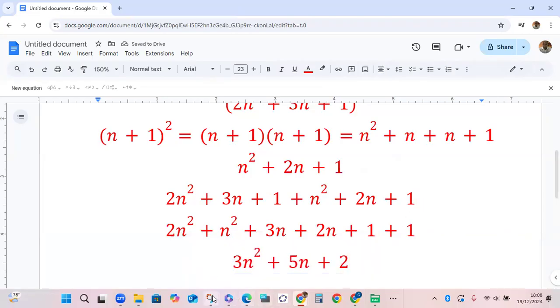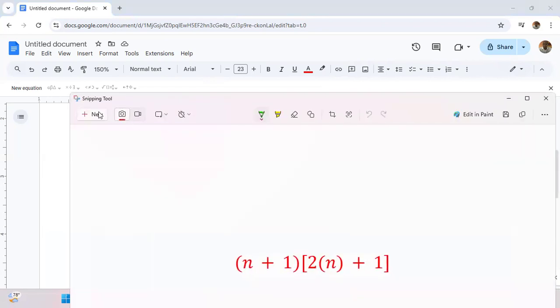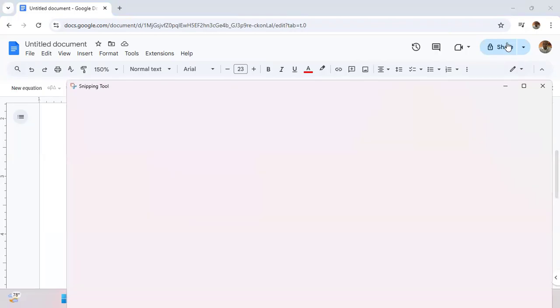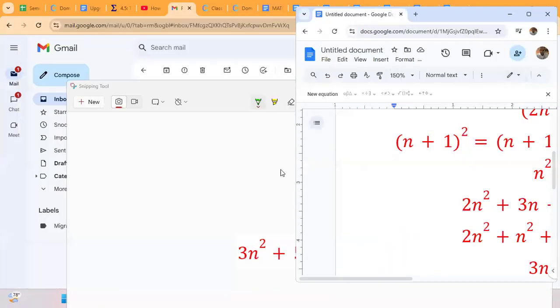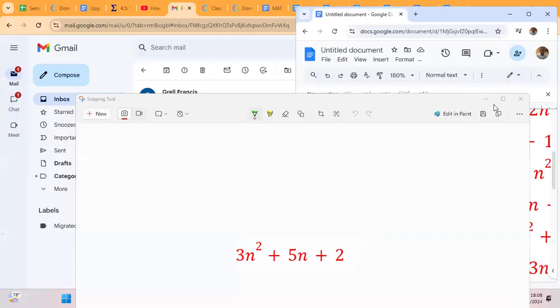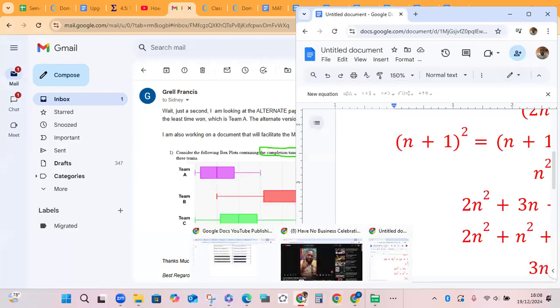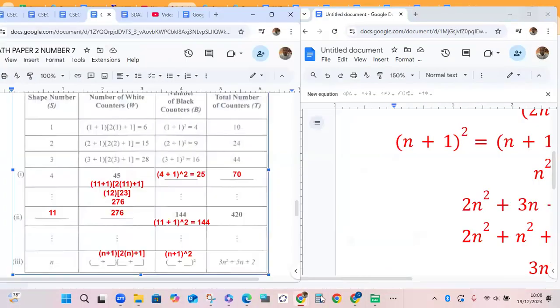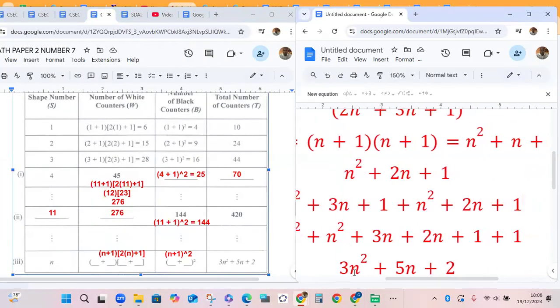And let's bring this next to the total number of counters that's in the question. Let's see if it matches. 3n squared plus 5n plus 2. So it matches perfectly.